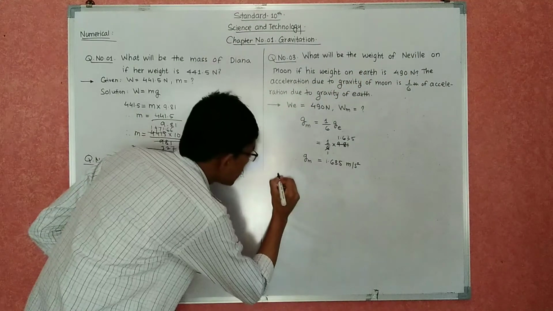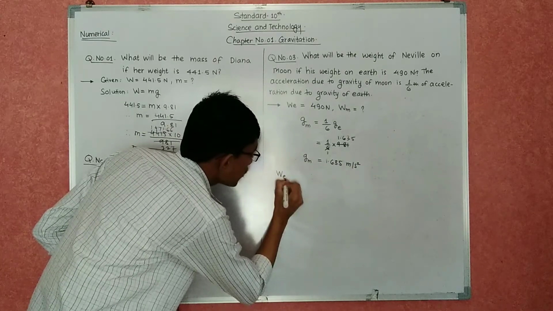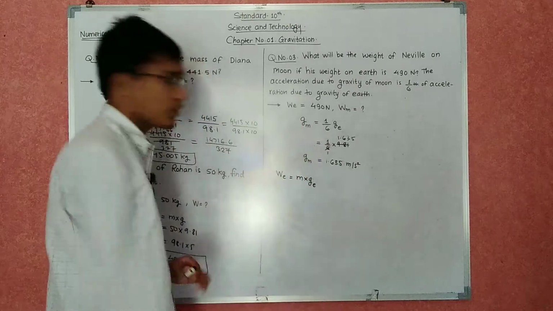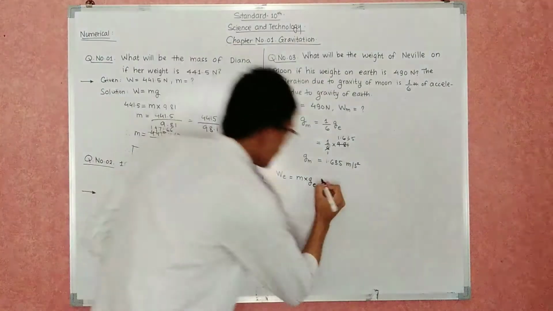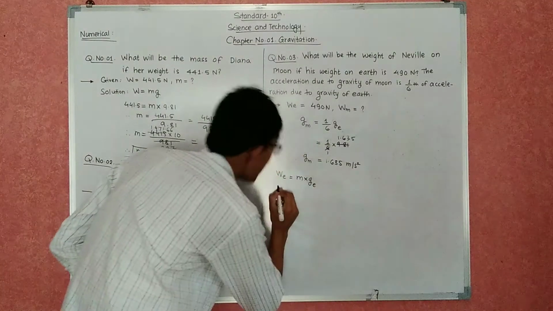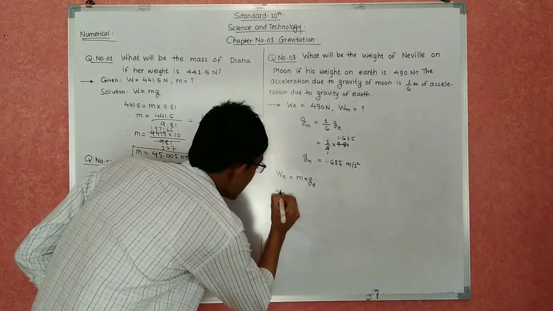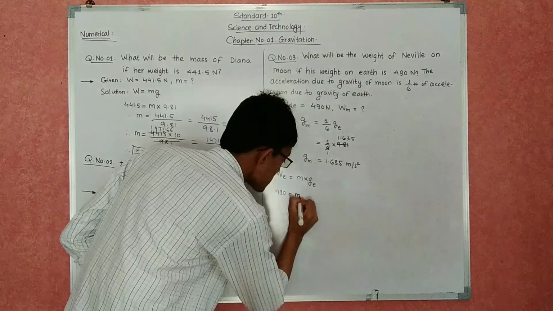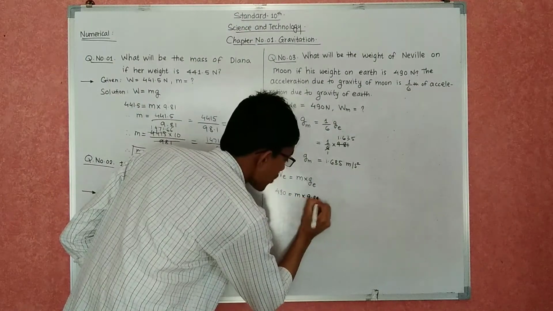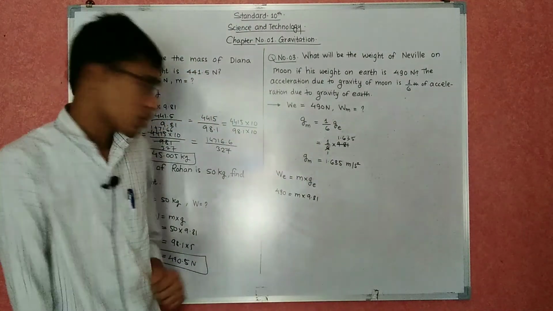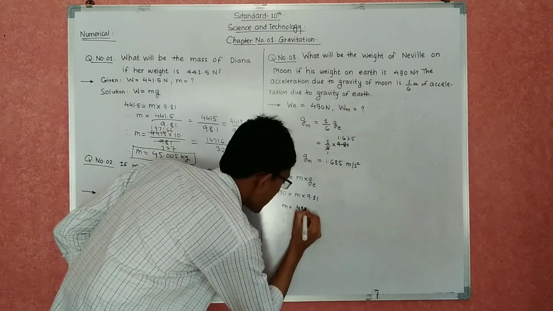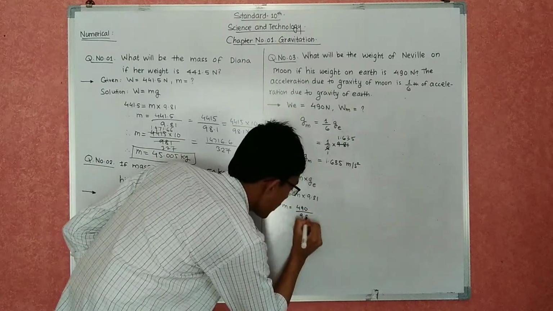So we know weight on Earth is equal to mass into acceleration due to gravity of Earth. Okay. So weight on Earth is 490, equal to, we don't know what the mass is, so mass into 9.81. Then therefore mass is equal to 490 upon 9.81.